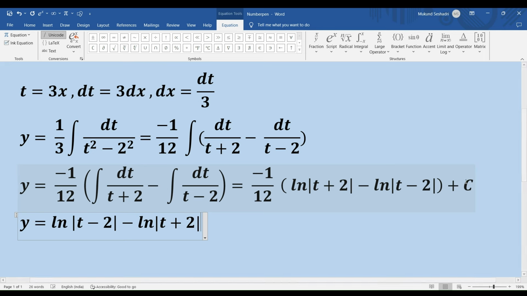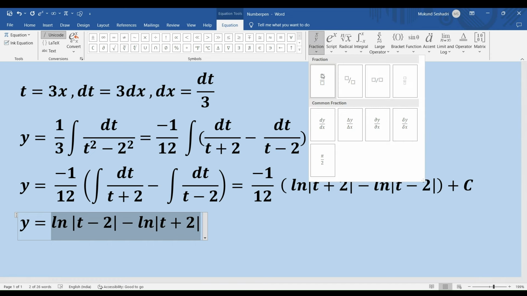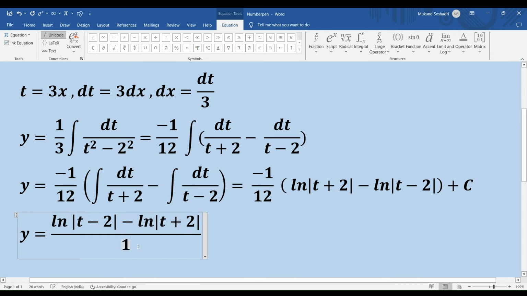And we have this divided by 12, right? Plus c, right?